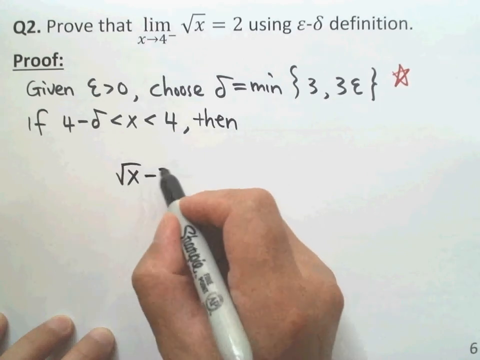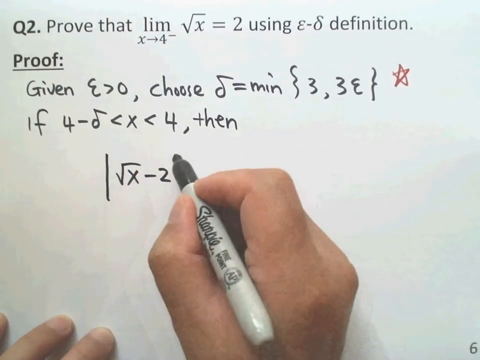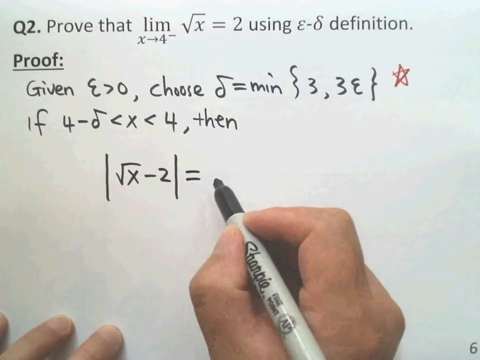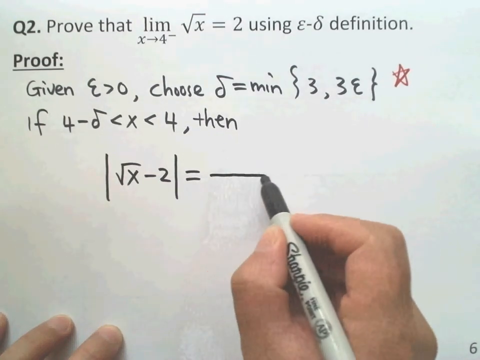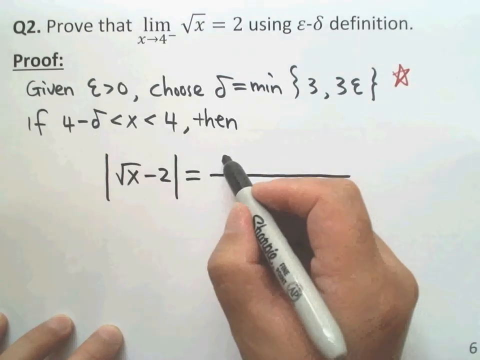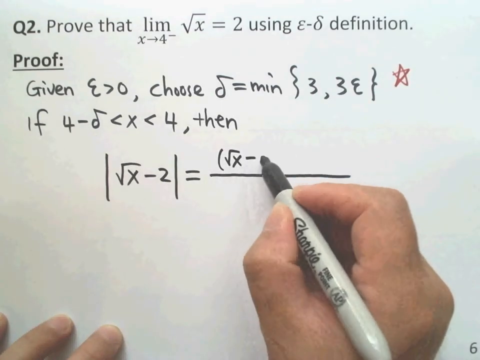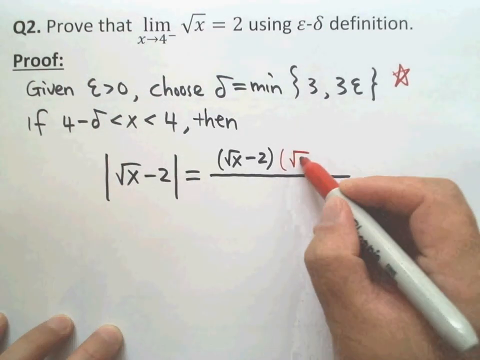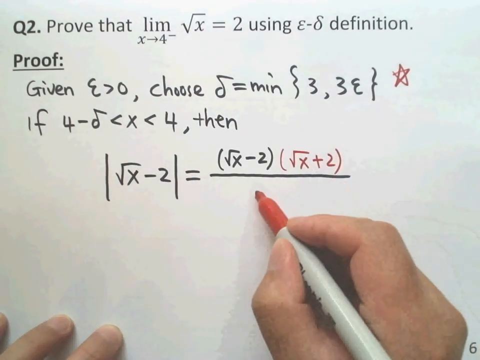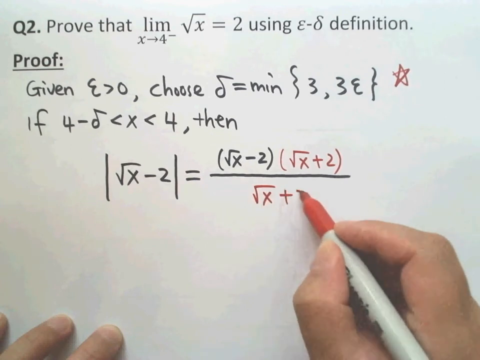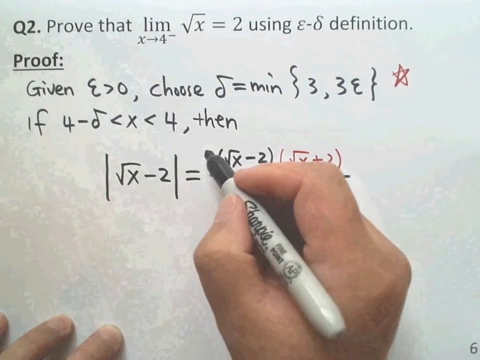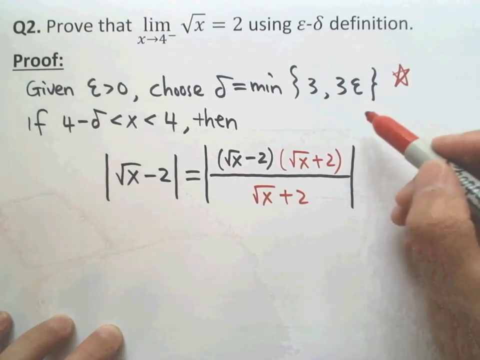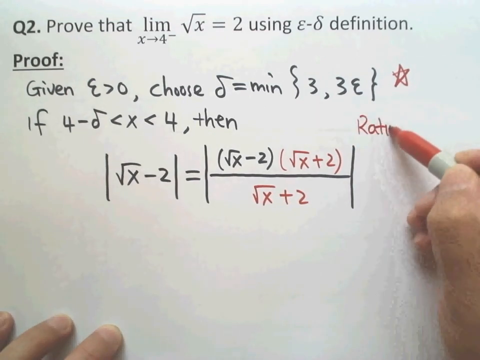So we're going to write the absolute value of square root of x minus 2, and I copy what we did. We rationalize first. The square root of x minus 2, so I have to multiply by square root of x plus 2 over square root of x plus 2, inside the absolute value.